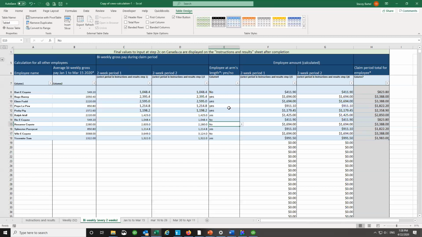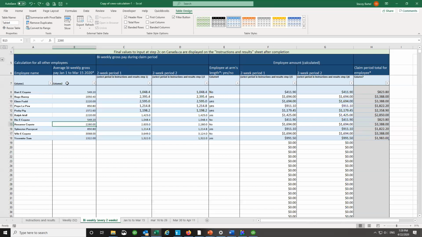So now what you'll see here is Roxanne still gets the maximum, because the 75% of 2260 is higher than that. But let's say her amount was 1160. Now she's only qualified for 870 every 2 weeks, because that's what happens to her salary.